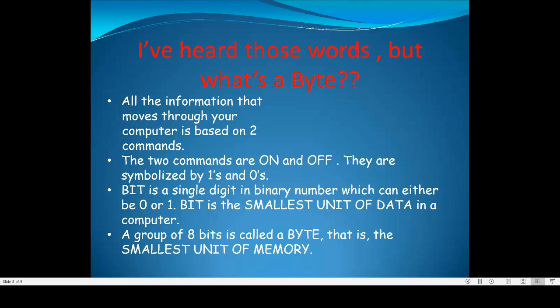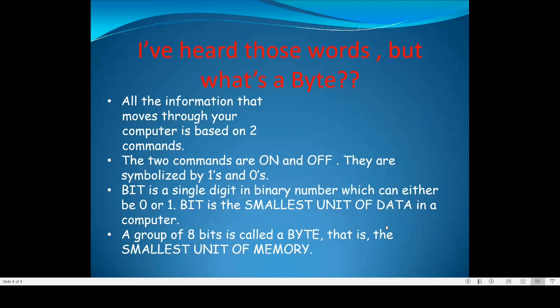Every information, every data, instruction, whatever we give to the computer, that is converted to bit. Bit means binary digit. That means 0 or 1. 0 means switch off and 1 means switch on. Since computer is a machine, it can't understand our language. So what instructions or data we are giving to the computer, that will be converted into machine language.